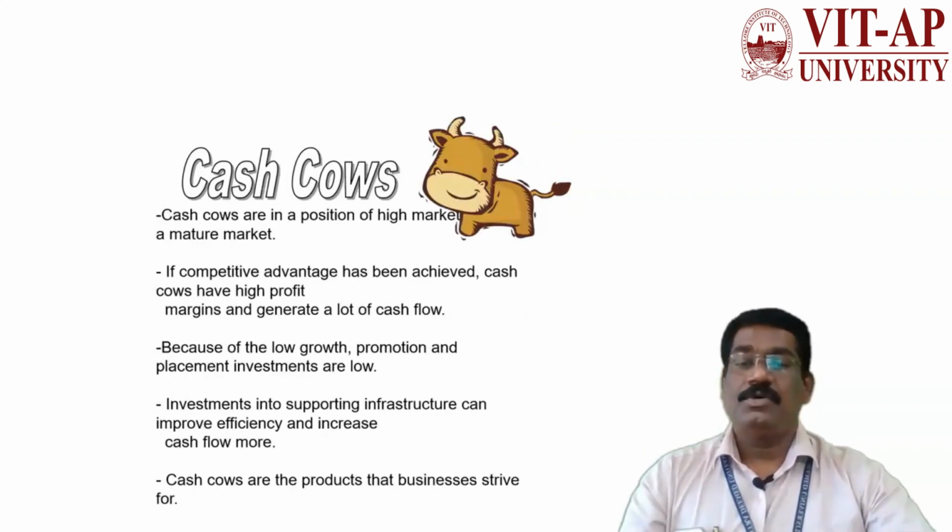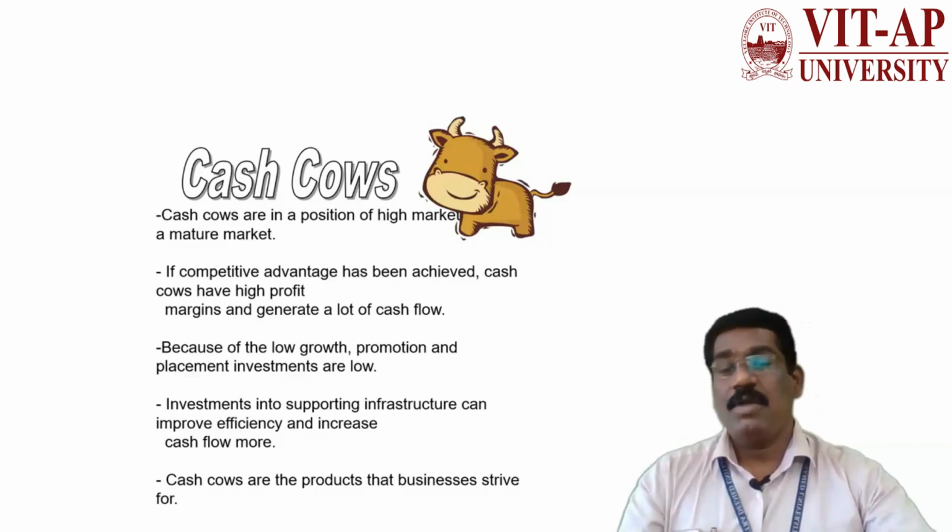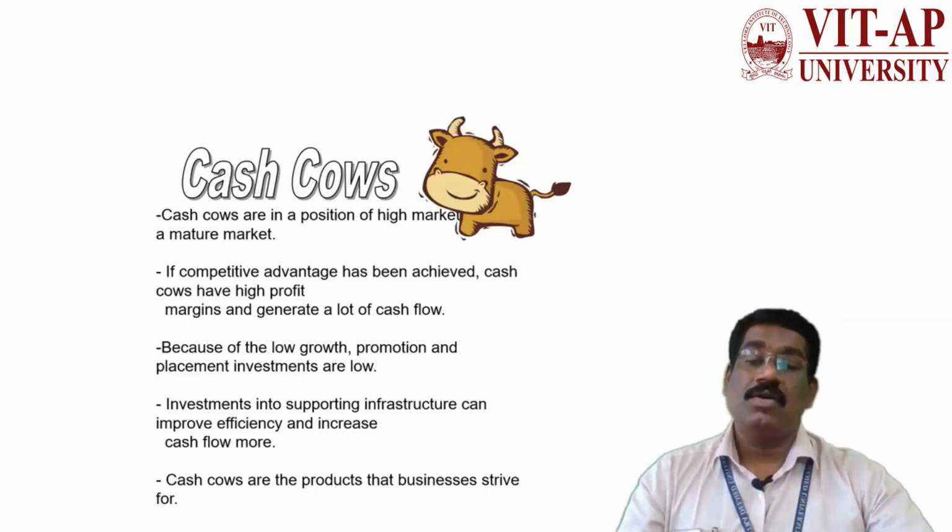Okay, so let's talk about the other quadrant, the condition called cash cow. Cash cows are in a position of a mature market. If you look at the market growth, it is not that high, but the market share is huge. If a competitive advantage has been achieved, cash cows naturally have a high profit margin and generate a lot of cash flow for the organization.